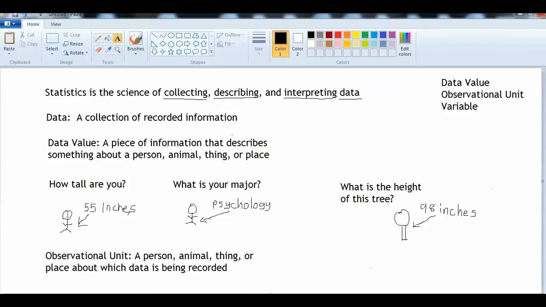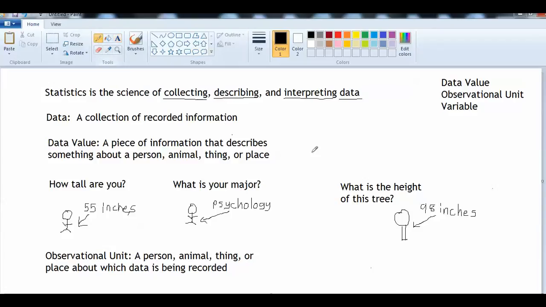So this person right here, and this tree are all observational units. They're people or things that we're recording data about.